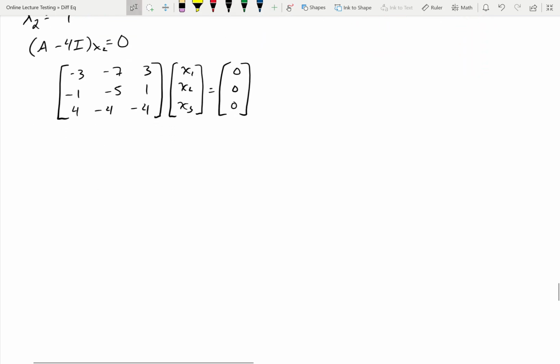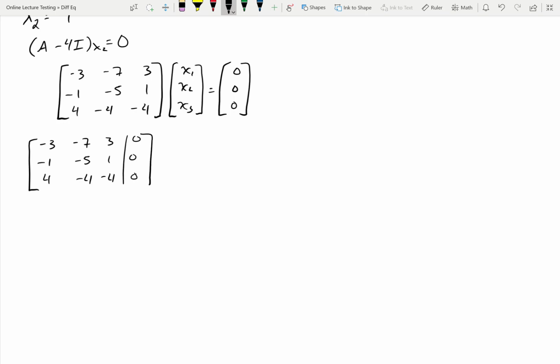Again, going through our process for solving this, set up an augmented matrix and do some row reduction here. So a couple things, I'm going to do row 3 plus 4 row 2, and then I'm going to do row 1 minus 2 row 2. The reason I didn't go further with that is just because I can make that a 1 here in a second, and that's going to make life a little bit easier for us.